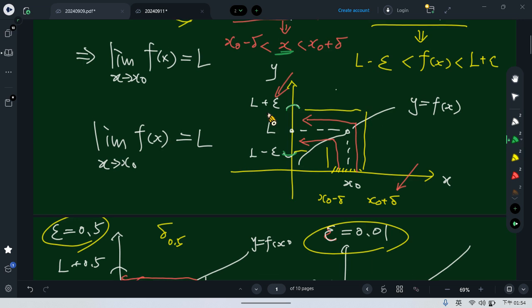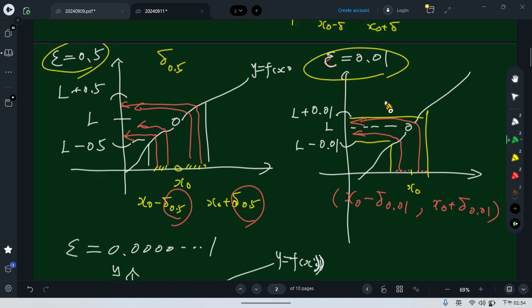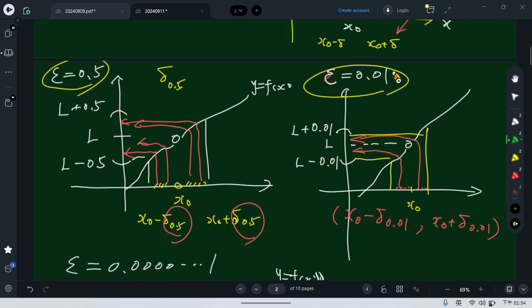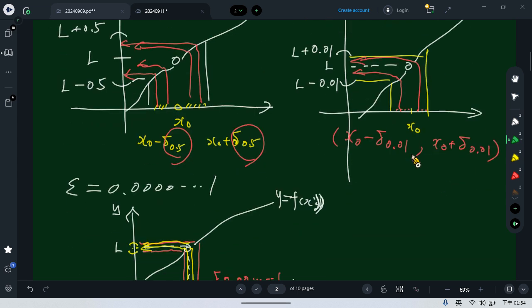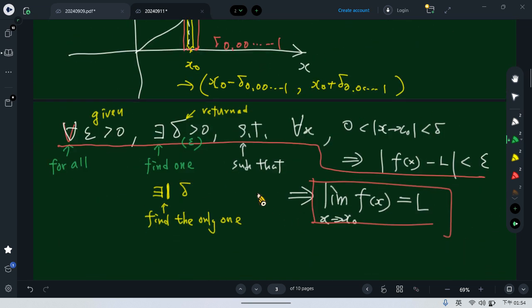Just like here, I give you epsilon 0.5, I return a delta of 0.5. This is especially for epsilon 0.5. So if I give you epsilon 0.01, then I can return another delta, 0.01, for you to meet the requirement, right?